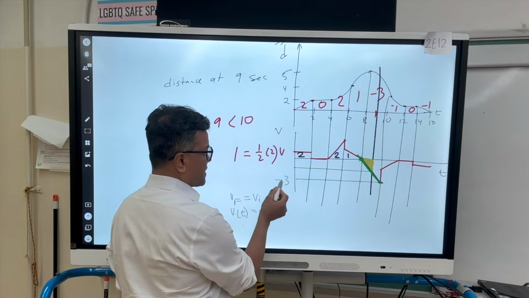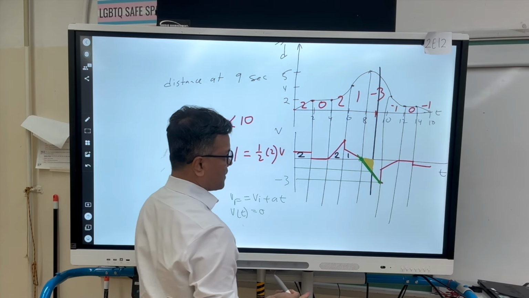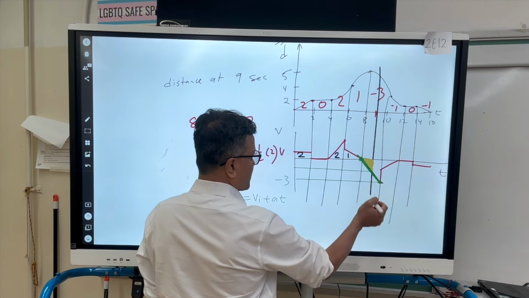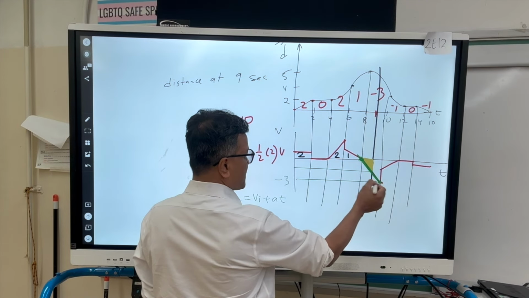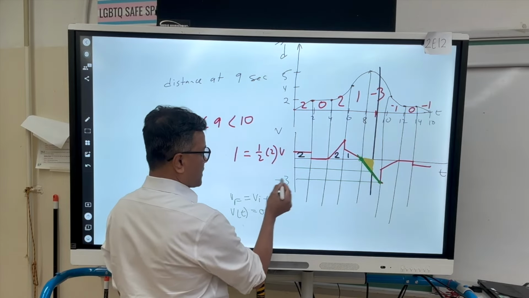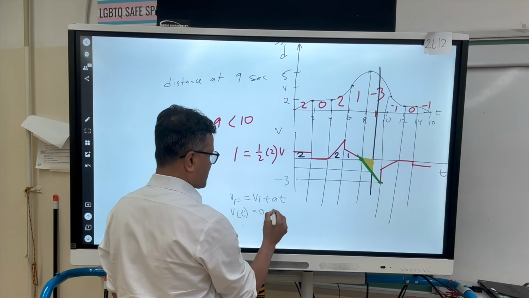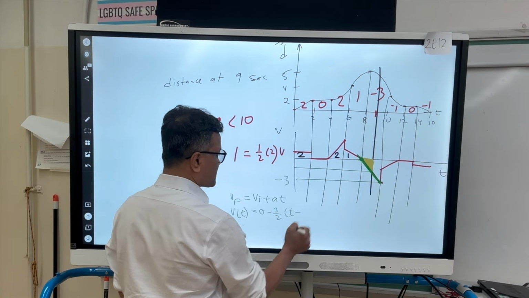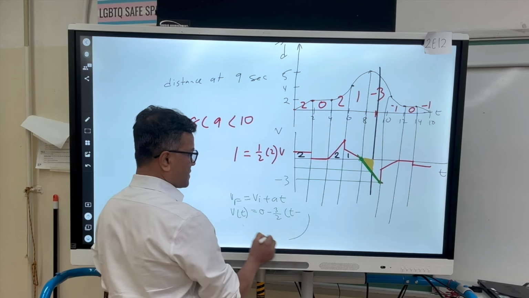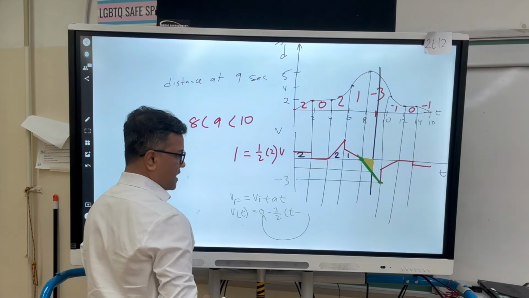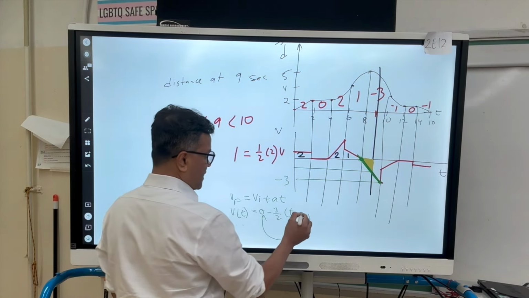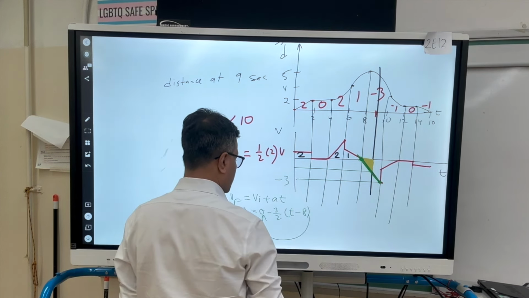Acceleration is negative 3 over 2. Why? Because from here to here, 10 minus 8 is 2. So negative 3 divided by 2 is the acceleration. So negative 3 divided by 2, t minus, at what time is the velocity 0? Well, 8. At 8 seconds the velocity is 0.